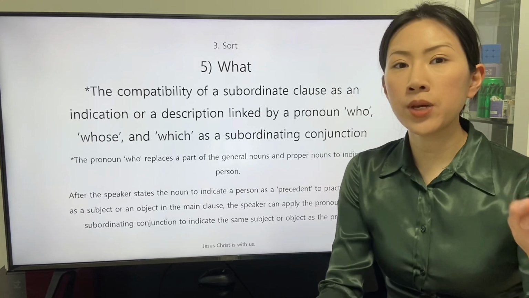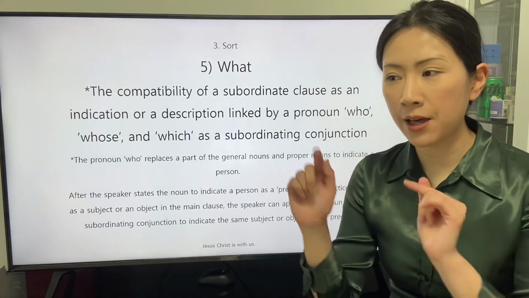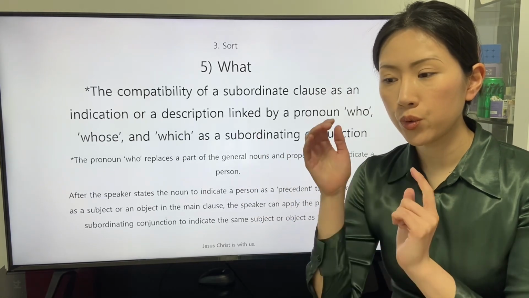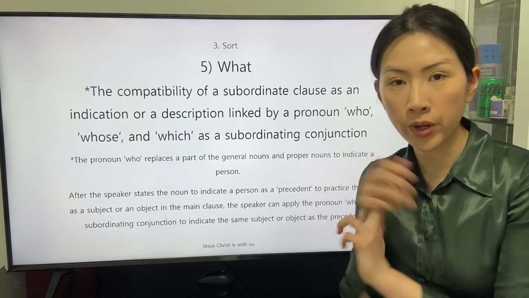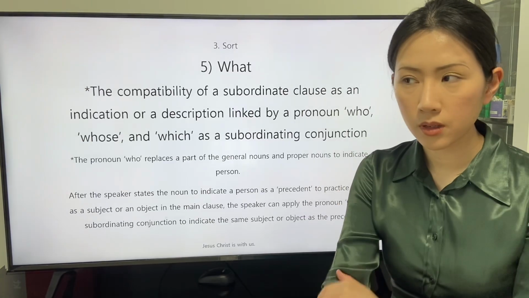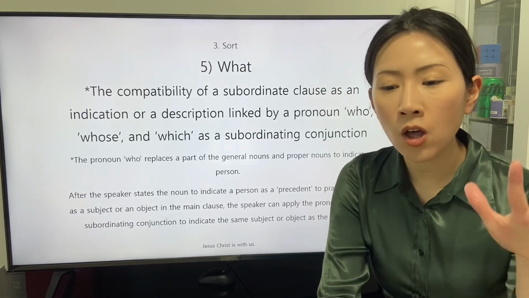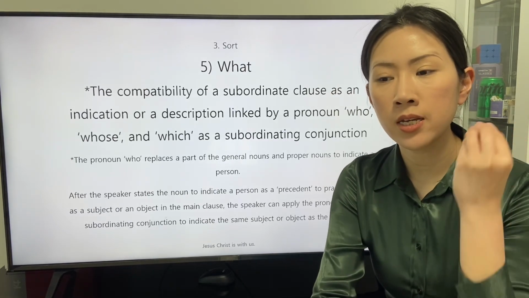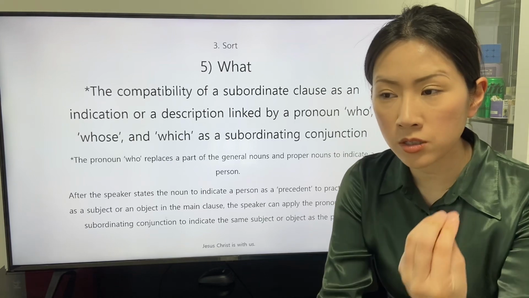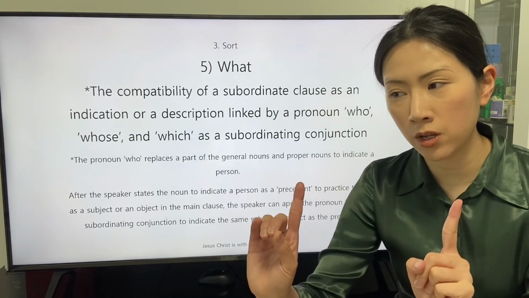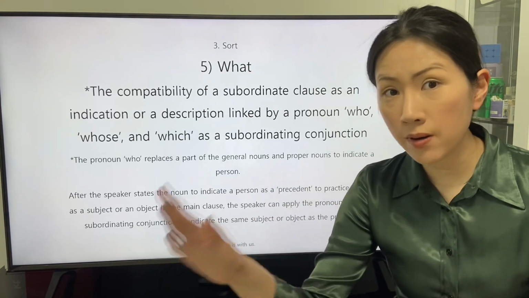The difference between the pronoun what and the other pronoun who, whose, or which is this. The pronoun what is only applied in a subordinate clause that has the trait as a pronoun.